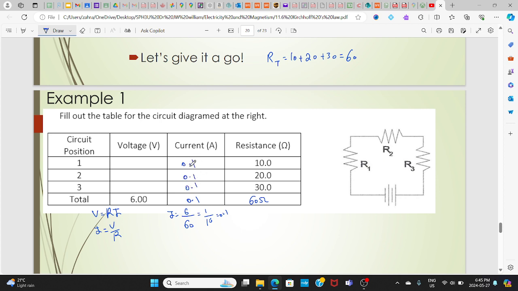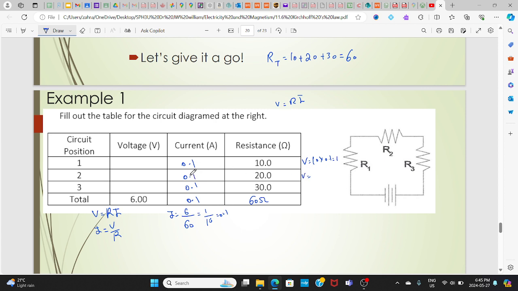That was the law. Now I see these three things, right? One is missing, so definitely I can use V is equal to Ri. Here I'm solving for voltage. V is equal to R, which is 10, multiplied by I, 0.1, gives you 1.